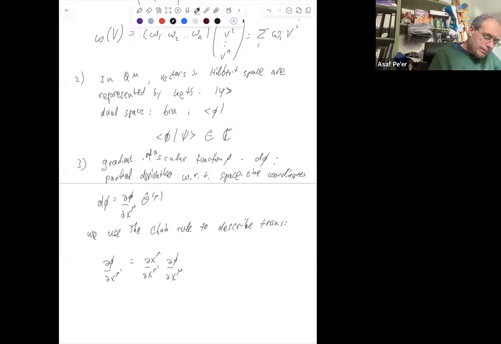What is that? We're seeing how the old coordinate changed relative to the new coordinate. So this is given by the inverse Lorentz transformation. So this is Λ^μ_μ' ∂φ/∂x^μ.